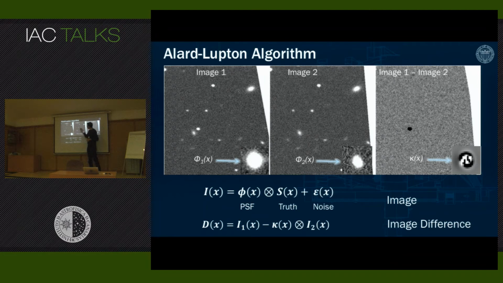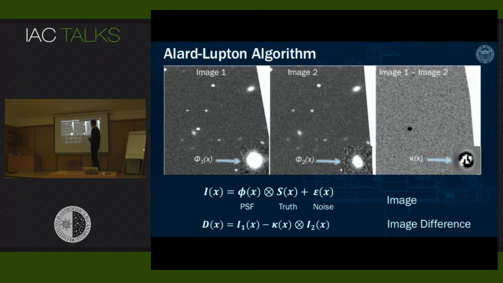How do I convert one image so that it looks as good as the other image? Well, their answer is there's some kind of convolution kernel that they call kappa, with which I convolve, in this case, the second image. I find that convolution kernel to minimize this difference, to get a difference image that's as small as possible in the least squares sense.